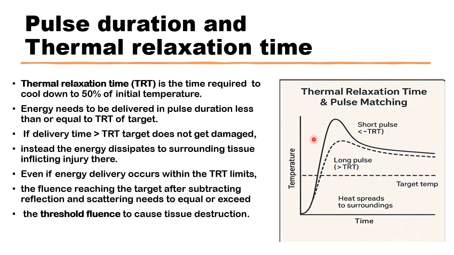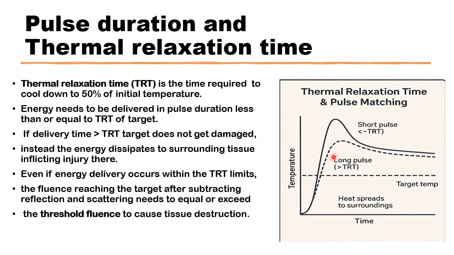So you need to reach a temperature of 100 degrees centigrade to cause vaporization of the water and destruction of the tissue. But you need to get this temperature rise very quickly, because if the rise in the temperature is actually slow, like in the longer pulse here, the tissues would start to cool down related to its thermal relaxation time and lose 50% of its energy over that specific time.